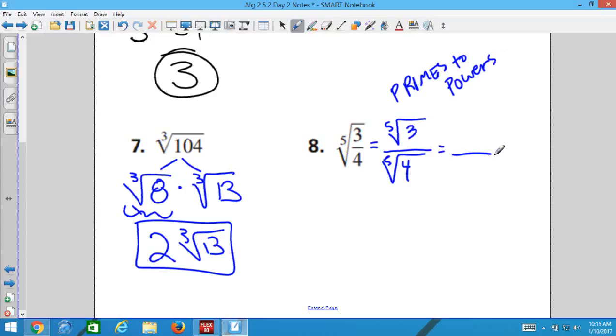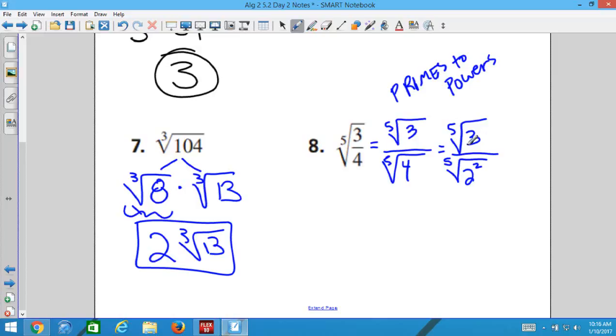On the bottom, that's a fifth root of 2 squared. Sorry, not cube root, it's fifth root. Handwriting, gotta get better at that. On the top, fifth root of 3.